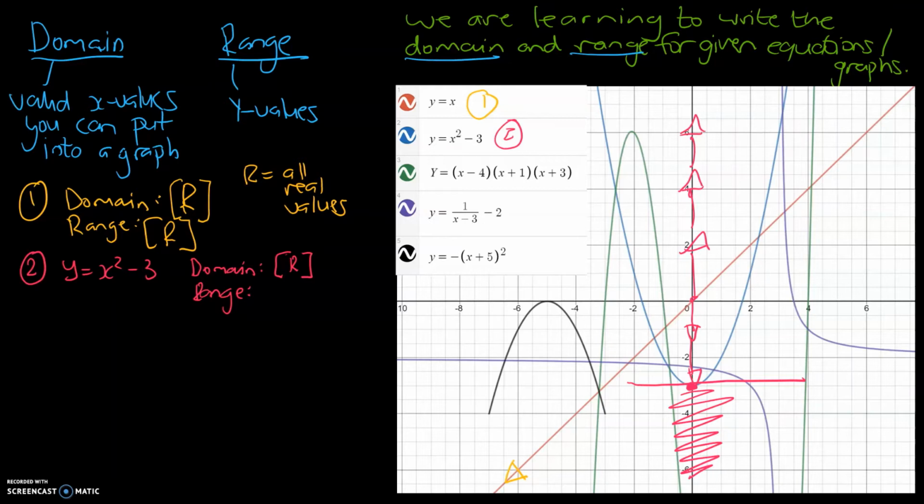So our range in terms of y values, we need to express it as an inequality. It's anything equal to or greater than -3. And what that means is there is a value for anything above -3, and there is no corresponding part of the graph that sits below -3.